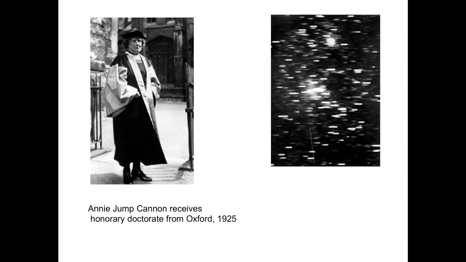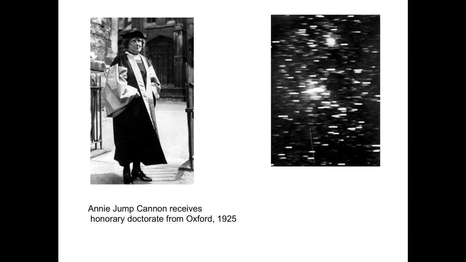The work in this area of spectral classification started with an astronomer named Annie Jump Cannon, and she made a survey of stars all over the sky using a special device called an objective prism, where a prism was stuck in front of the photographic plate, and instead of taking images of the stars, it took spectra. These spectra are very small and fairly low resolution, but they're actually enough to be able to classify the stars fairly accurately.